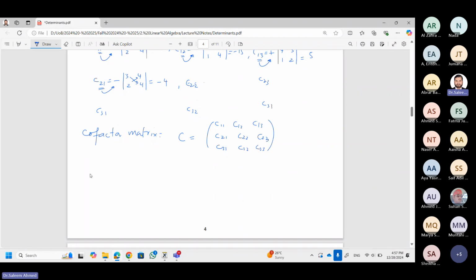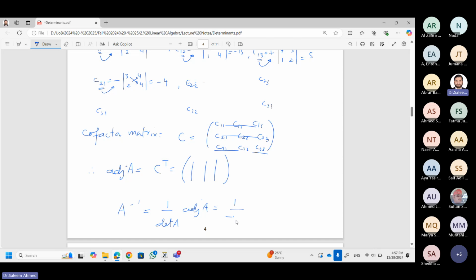Once you have that, your adjoint matrix is the transpose of this one. So the first row will become the first column, the second row will become the second column, the third row will become the third column. That is your adjoint. And at the end, you will just divide this adjoint by the determinant of A.